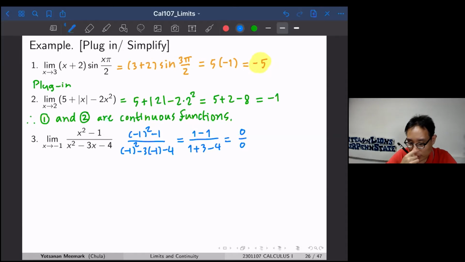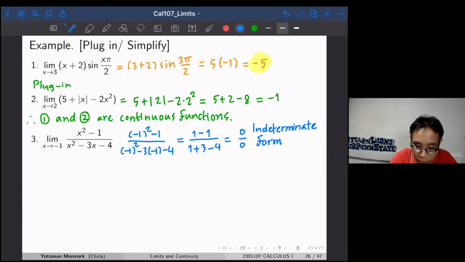This is the form that you cannot determine. You may say undefined, but the correct name is indeterminate form. Indeterminate form means the form where you cannot determine the value yet.